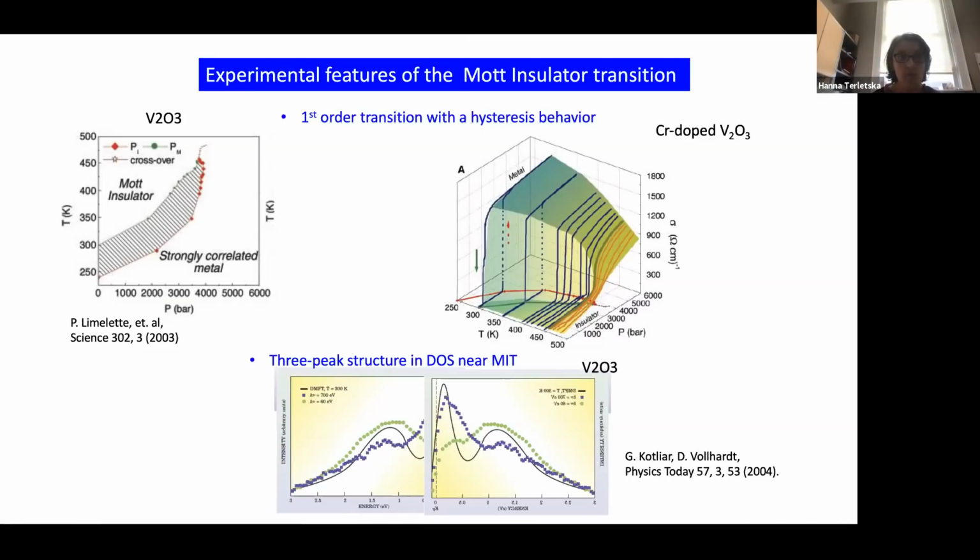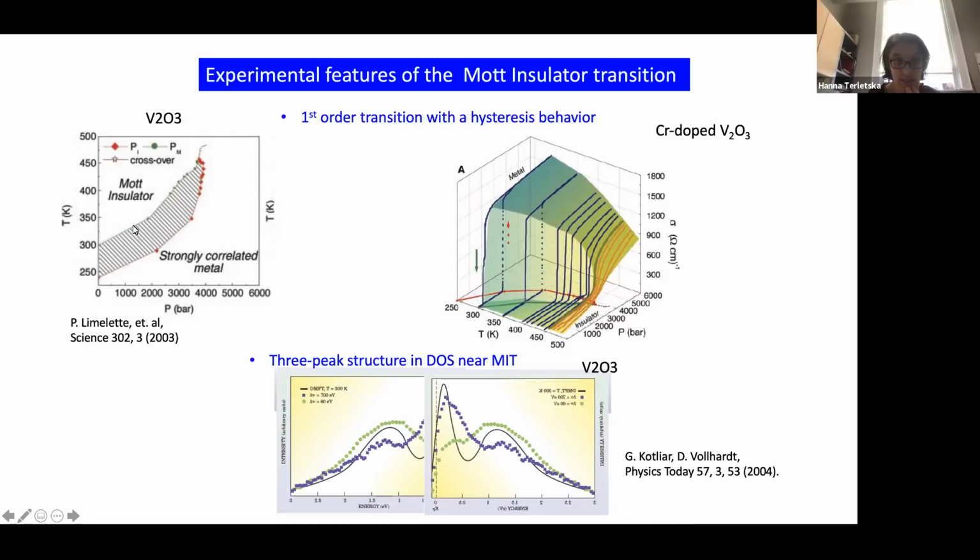Before I go to the DMFT results, I would like to present some experimental features of the Mott metal-insulator transition. The canonical example used to study the Mott metal-insulator transition was the V2O3 material, where it has been shown that the Mott metal-insulator transition in this system can be driven by pressure or temperature, and it is a first order metal-insulator transition.